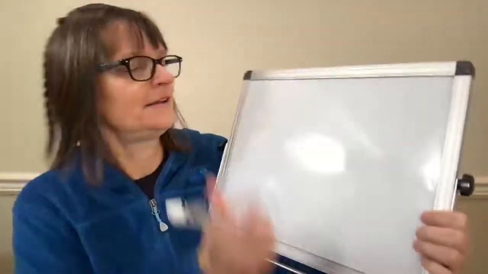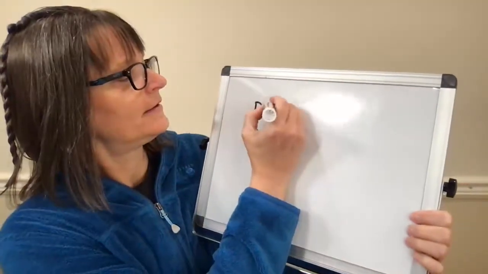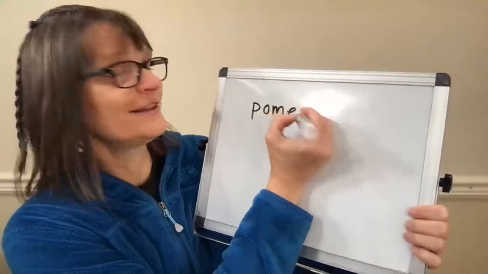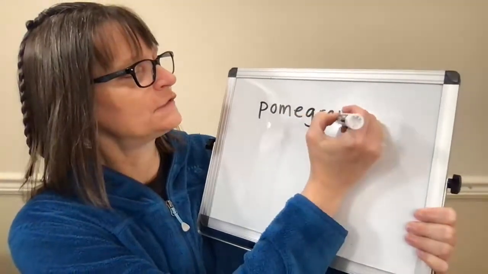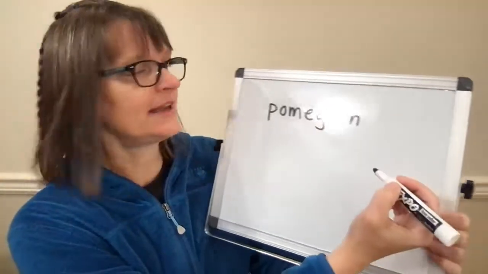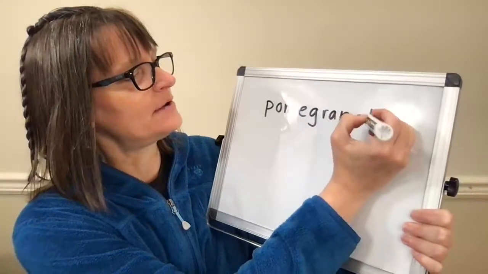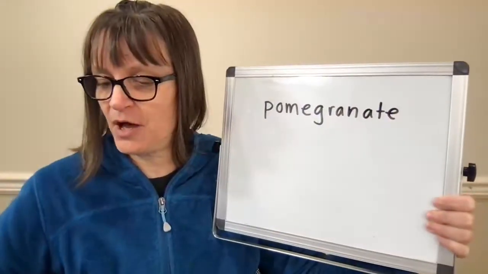Next we'll look at pomegranate and how to pronounce that, where the stress is. Looking at the word pomegranate, this one is kind of long, a little bit tricky to know what the different vowel letters say, what vowel sounds they make.